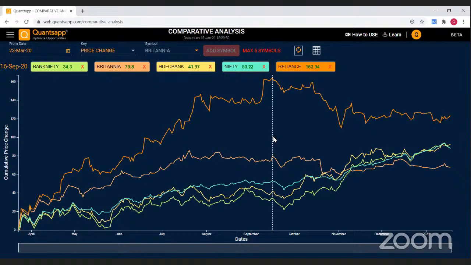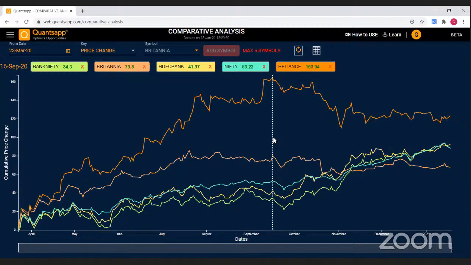So I can say on 16th of September, since April, May, June, July, August, September, so 6 months after the dip of 23 March, I can say Bank Nifty was the least performing. It has performed almost 34-35%, but it's the least performing among all of them.